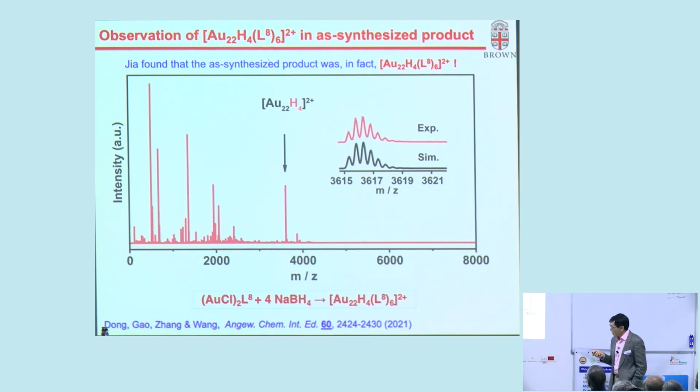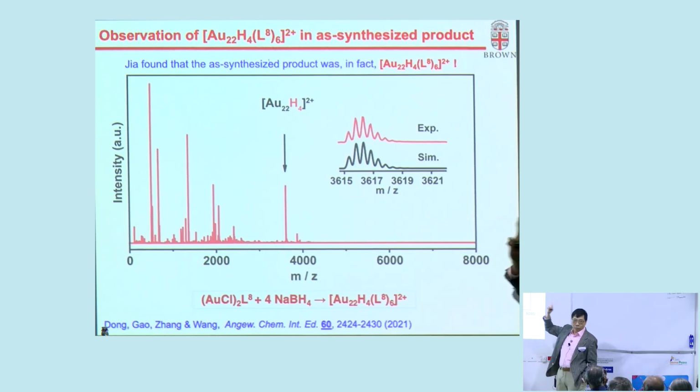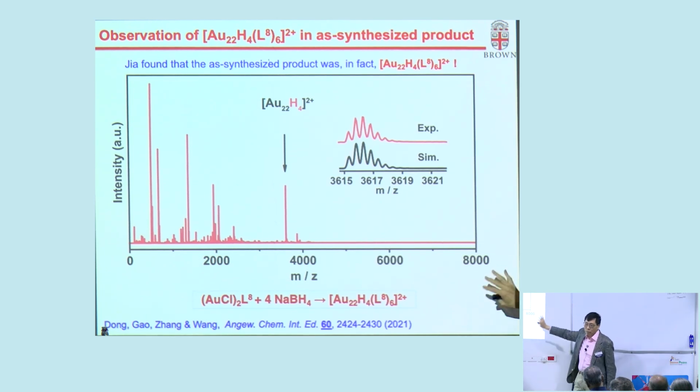And so this is the mass spec. This is basically a fresh sample, right? Freshly synthesized sample. I must say that we actually saw this back in 2014. But back in 2014 at Boron, we did not have a high resolution mass spec.